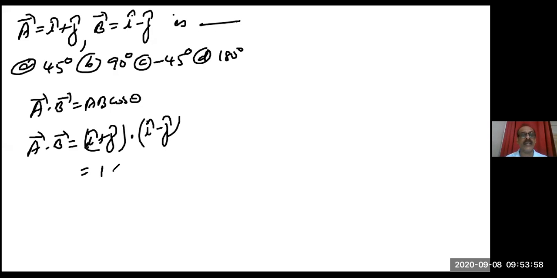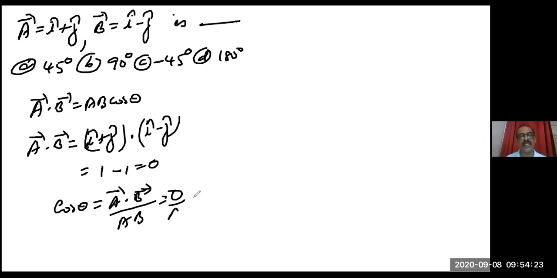Then j dot j, 1 into minus 1, minus 1. So it will be 0. That's the dot product. Then cos theta equals A dot B divided by AB. Anyway, this is 0 by AB, so the answer will be 0. So theta is 90 degree. Okay, so the answer is B.